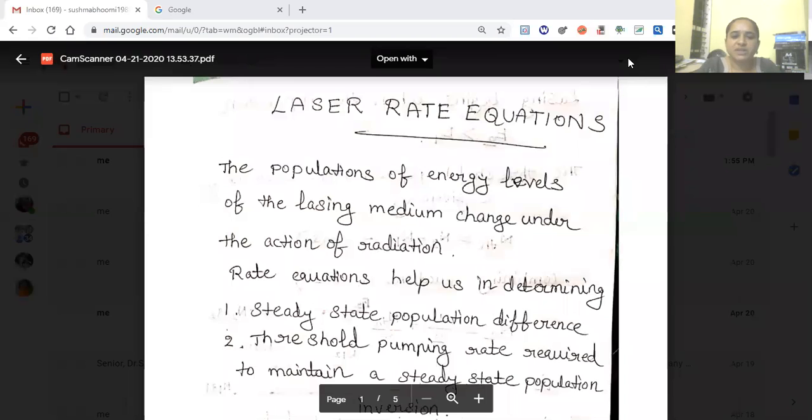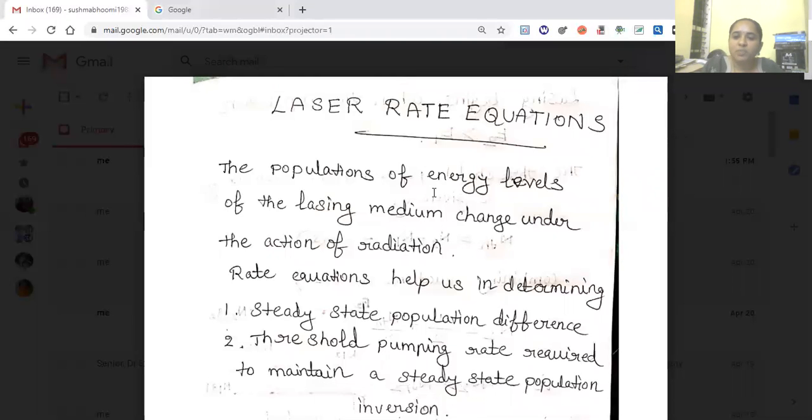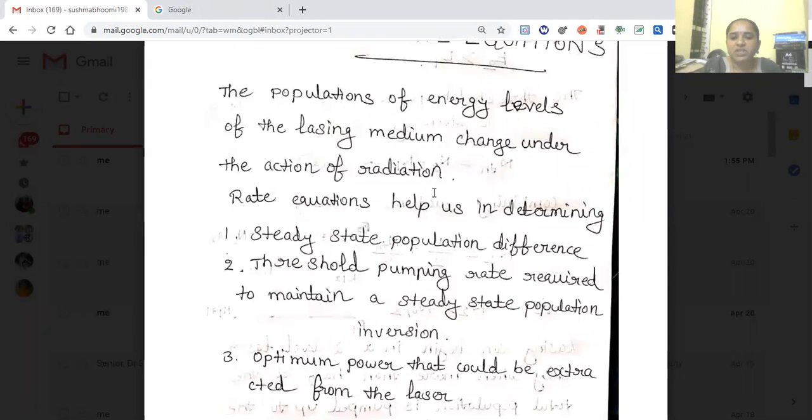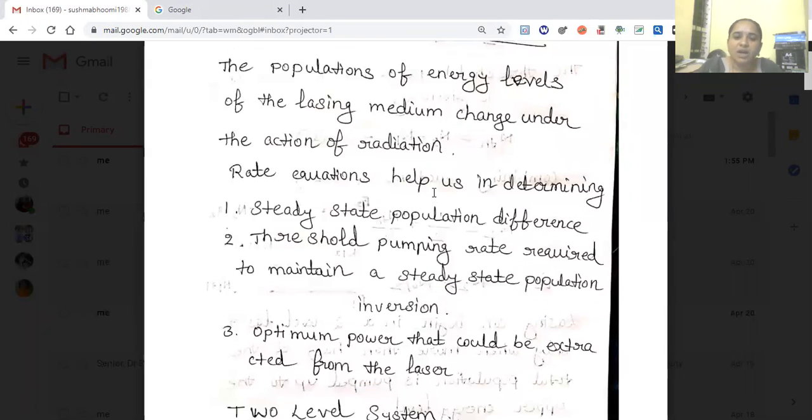Rate equations help us in determining the steady state population difference and the threshold pumping rate required to maintain a steady state population inversion. We need a good population inversion to be achieved for the lasing action.